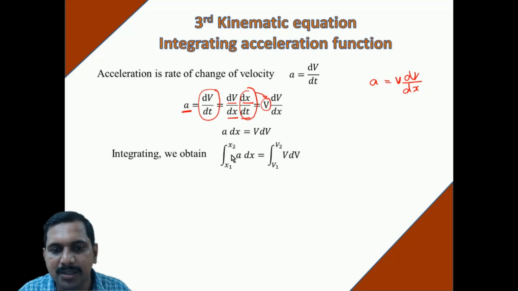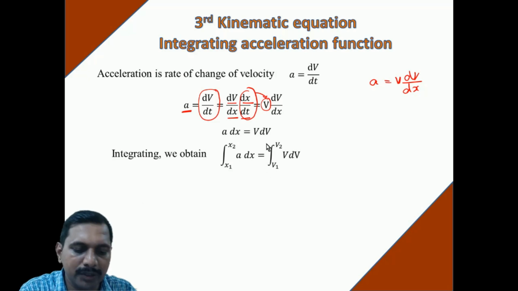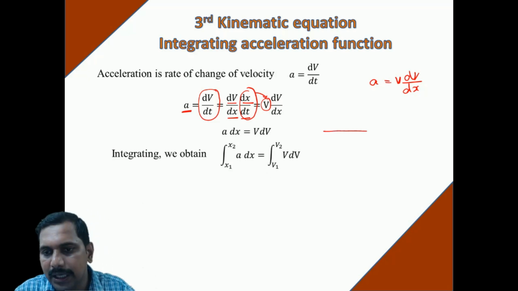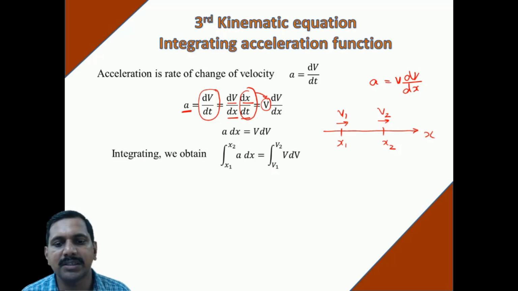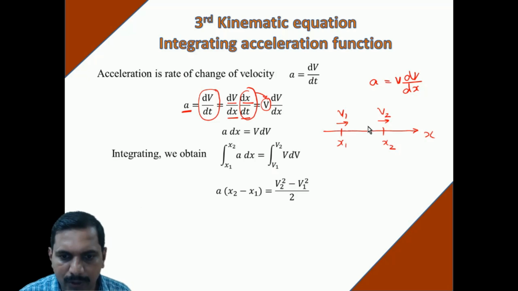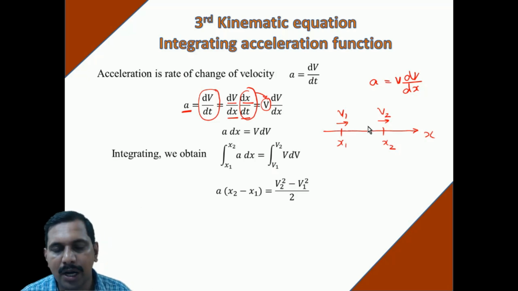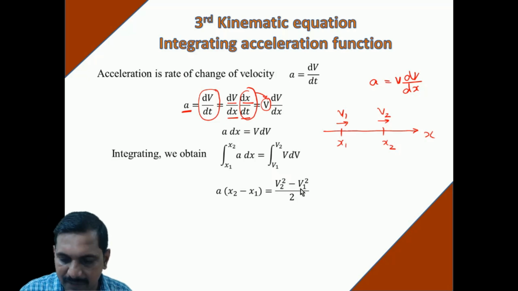We are integrating from x1 to x2, from v1 to v2. That means along a line x where the displacement is happening, there is one x1 here, there is one x2 here, and when it is passing x1 it has a velocity of v1, and when it is passing x2 it has a velocity of v2. So when you integrate, I hope you know how to integrate, acceleration into x2 minus x1 is equal to v2 square minus v1 square divided by 2.